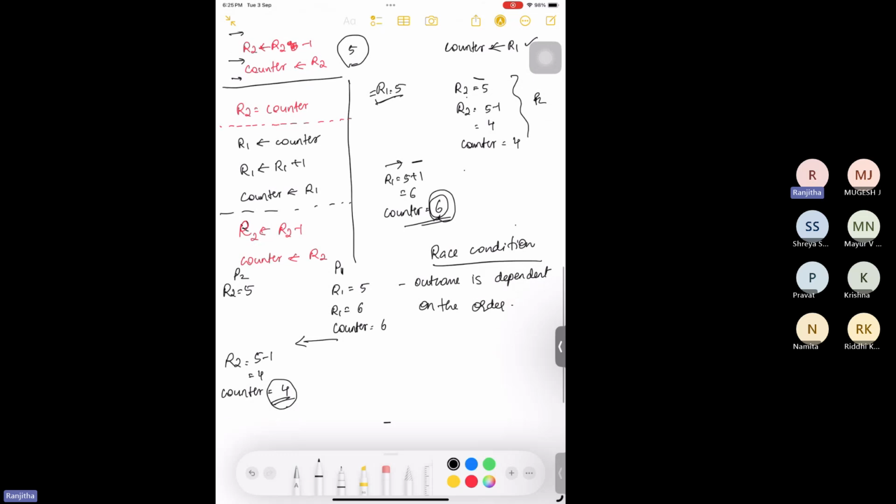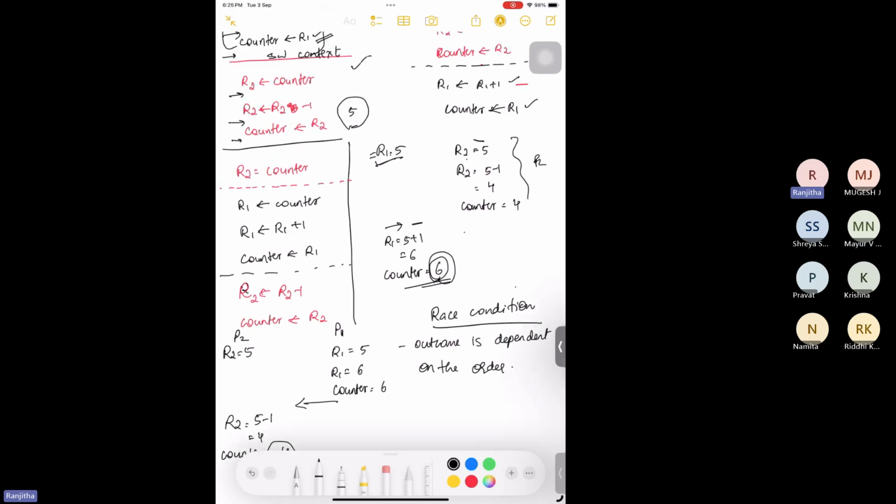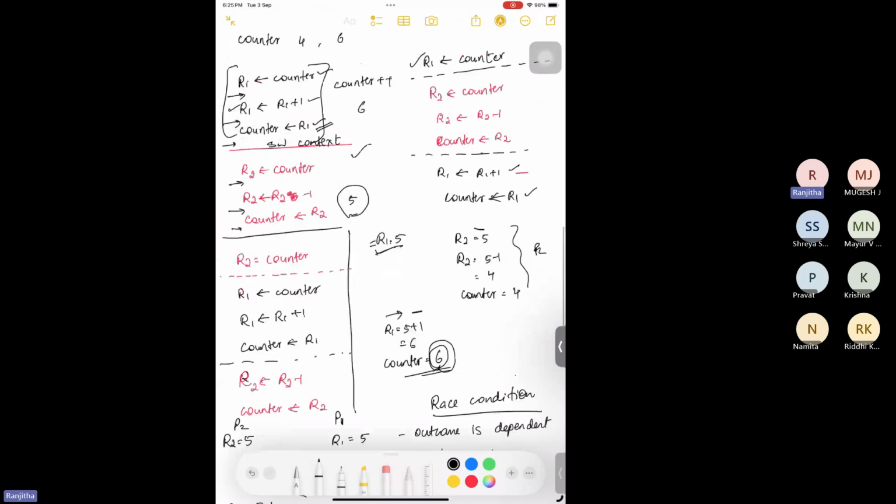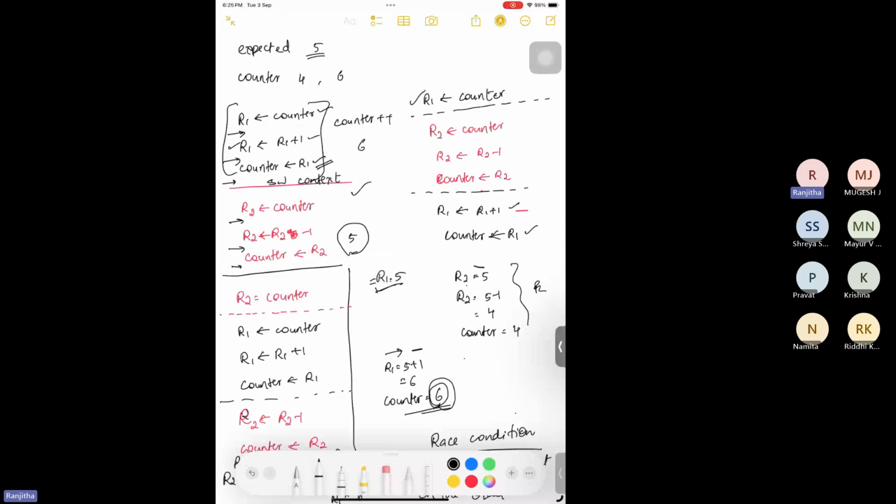And so this particular instruction, that is this counter plus plus, is shared between the processes.